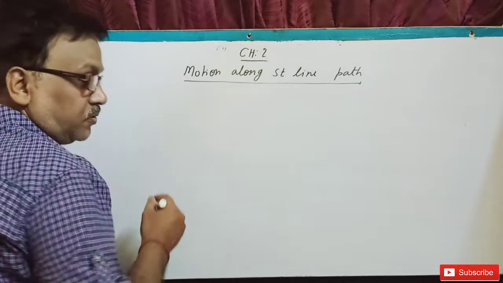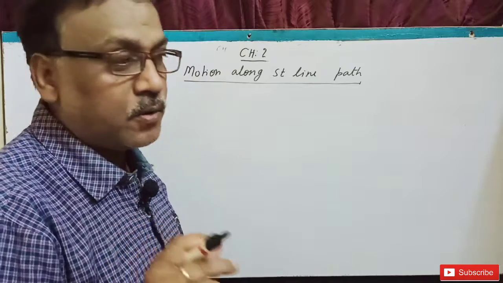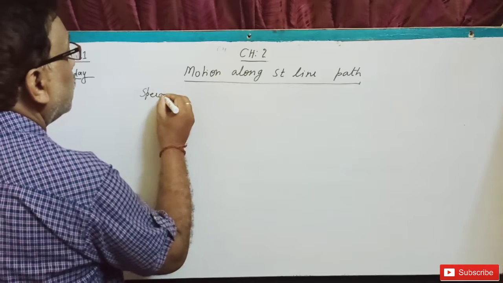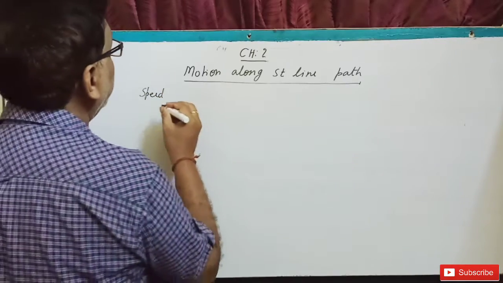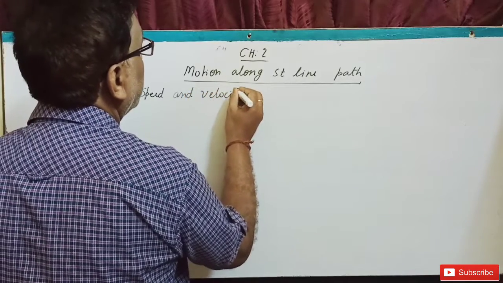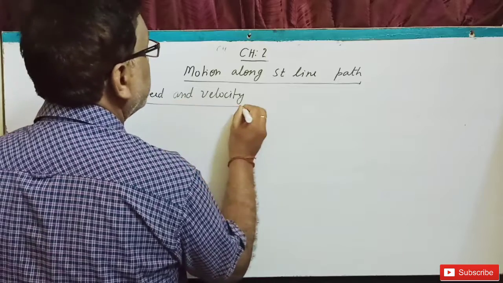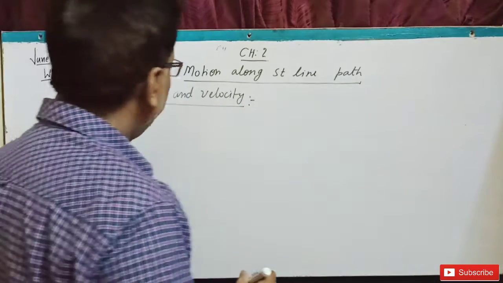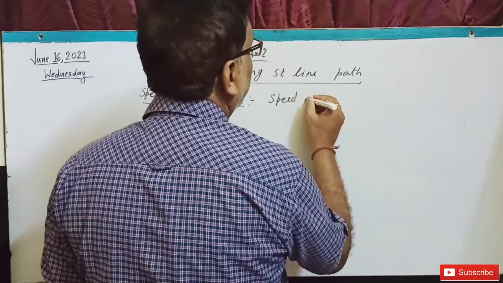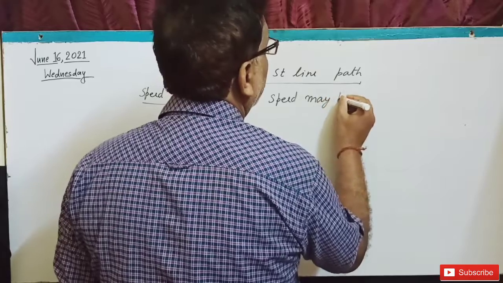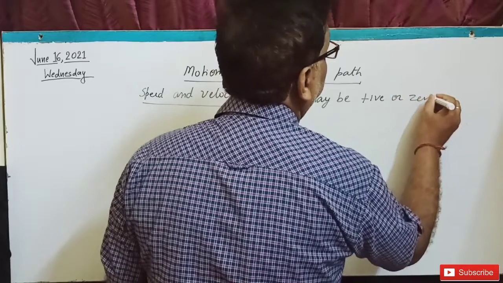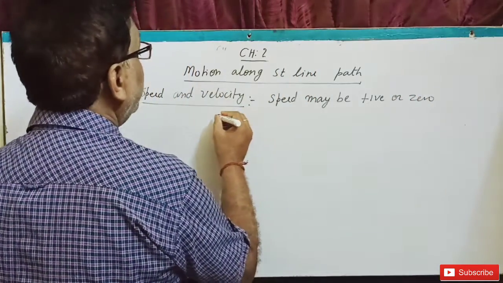Now, there are a few important facts about speed and velocity. Speed may be positive or zero, but never negative.